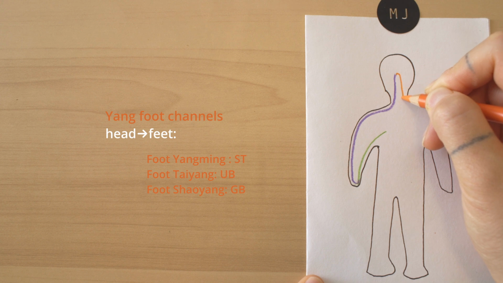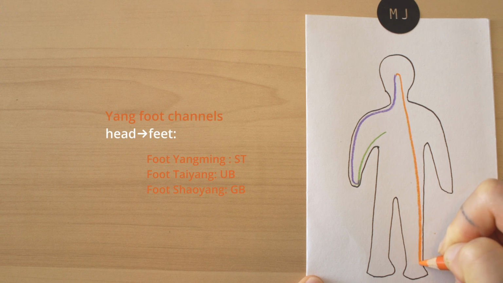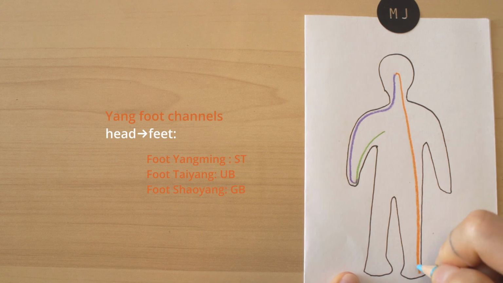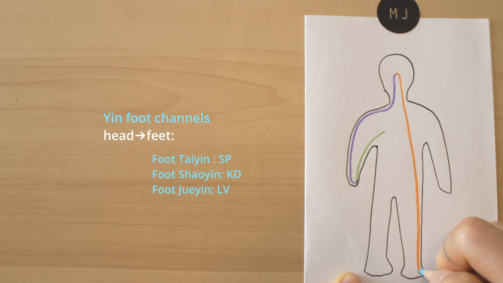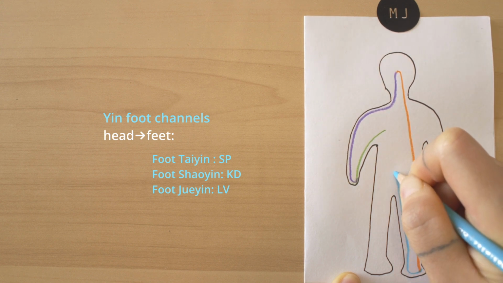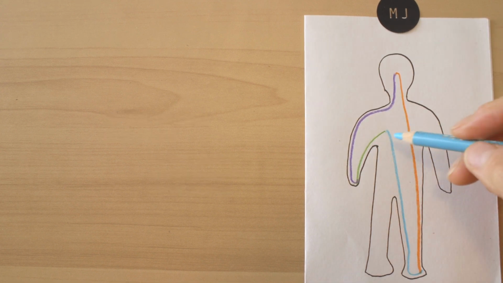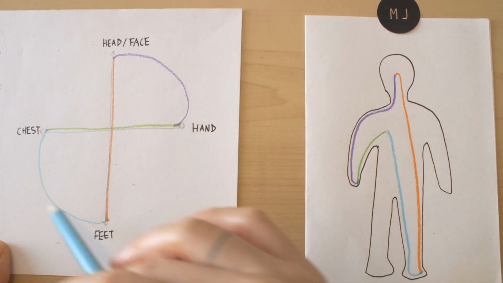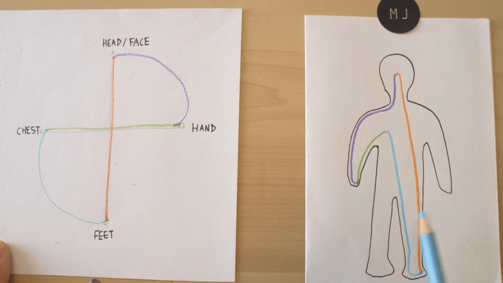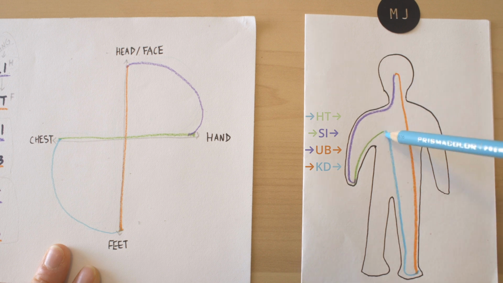These move downwards all the way down the leg, down to the foot where it ends. And then from the foot, the yin channels pick up, start from the foot, and move all the way up to the chest. So this directional flow on the body looks like this. One circuit, two circuits, three circuits.